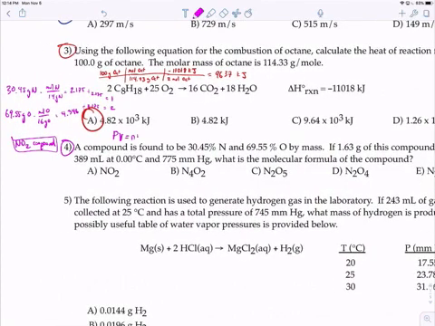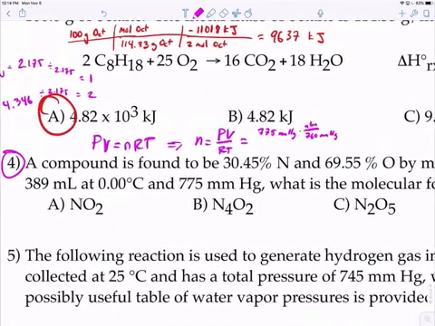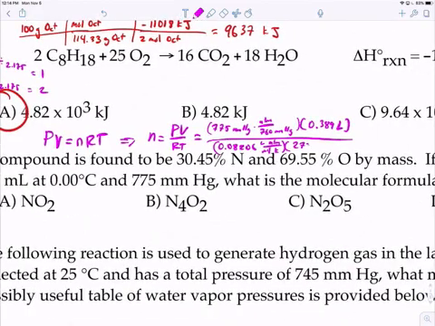So PV equals nRT, which implies n is equal to PV over RT, which is 755 millimeters of mercury times atmosphere over 760 millimeters of mercury, volume is 389 milliliters, 0.389 liters, over R, 0.08206 liter atmosphere per mole Kelvin, and 0 degrees Celsius is 273.15 Kelvin. Put that in.